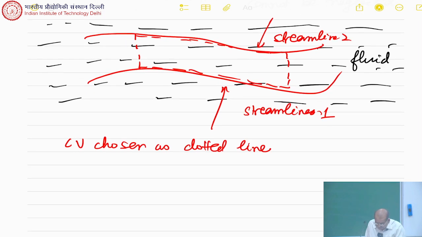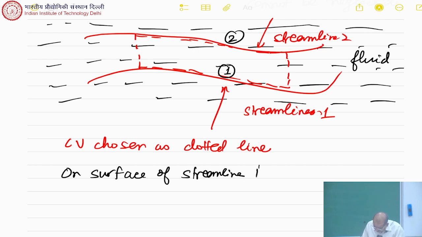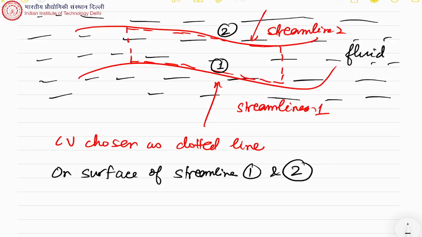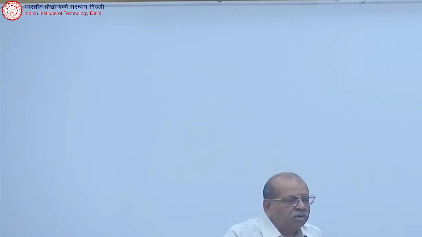So now, this is one, on the surface of streamlines 1 and 2, the fluid is not crossing, but if I look at the viscous work on surface 2, it will be tau dotted with V. Now on streamlines, there can be no normal component. So the velocity component is only a tangential component. So tau dotted with V on 1 and 2 will not be 0 if viscosity is important. Do you see that?